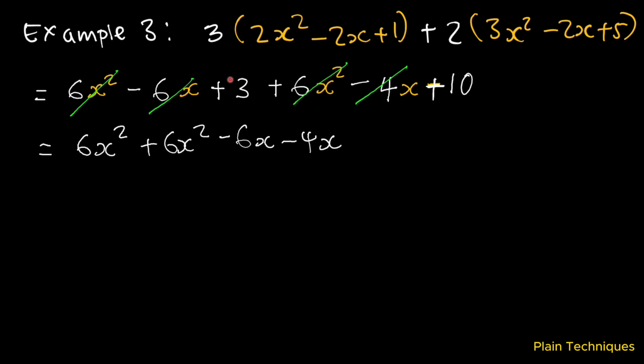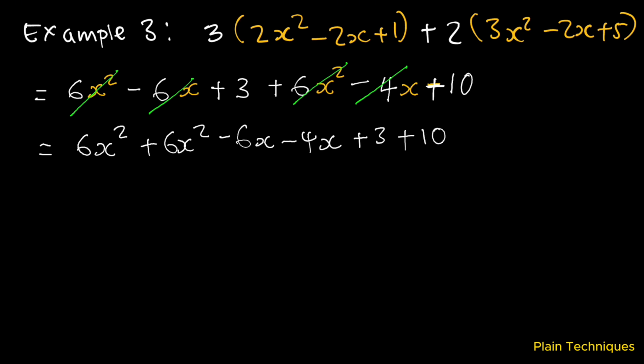So the only terms that are remaining are positive 3 and positive 10. Are they like terms? Yes. Why? Because they don't have variables after the number, right? So this constitutes like terms. Okay, so I'm going to have positive 3 plus positive 10.